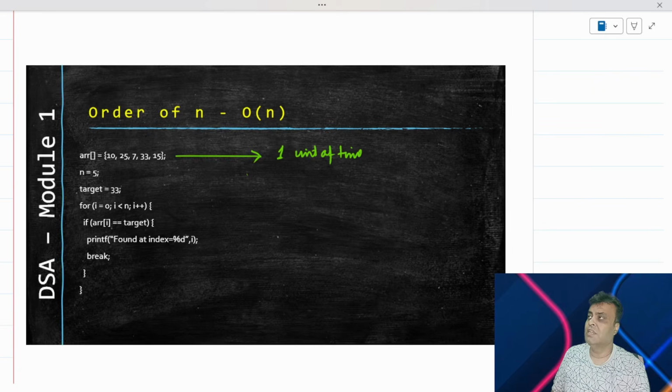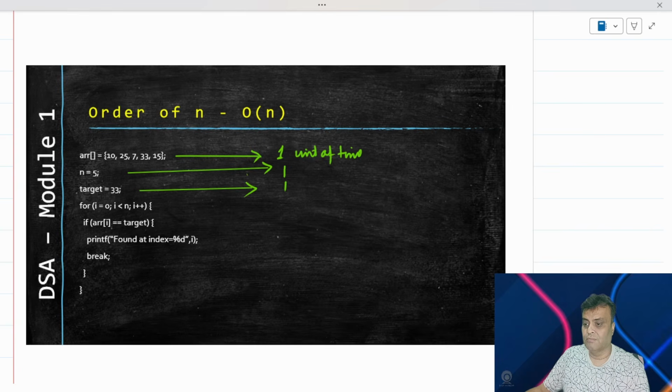It will always remain the same every time I run my code on my machine. It will not increase. It will not decrease. If it runs on some other machine, there also it will take some unit of time, and that unit of time will never change. So I will say it is 1 unit of time. This will take 1 unit of time. This will also take 1 unit of time.